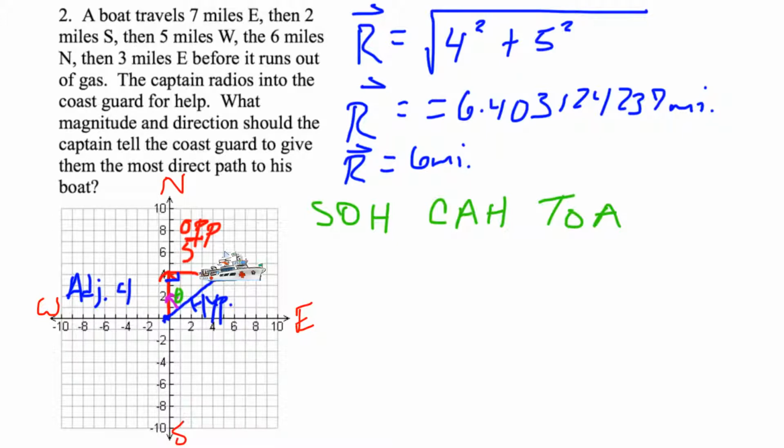Alright, so let's see here. If I want this angle, I need something that has opposite and adjacent, because those were things that were given to me in the problem. That gives me tangent.